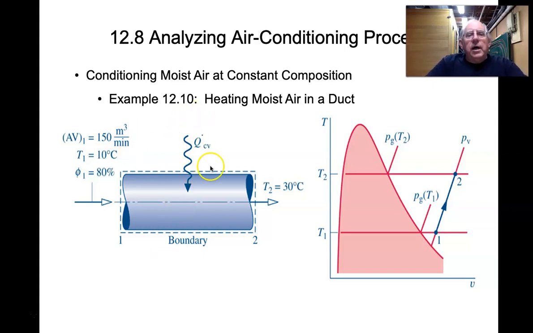And so in this particular problem, at station 1, we have conditions associated with the moist air mixture. We see that the dry bulb temperature is 10 degrees Celsius, the relative humidity is 80%, and the volume flow rate of the mixture itself is 150 cubic meters per minute.